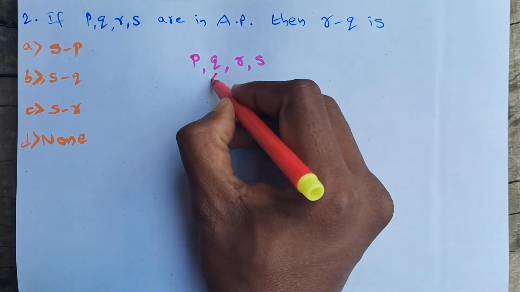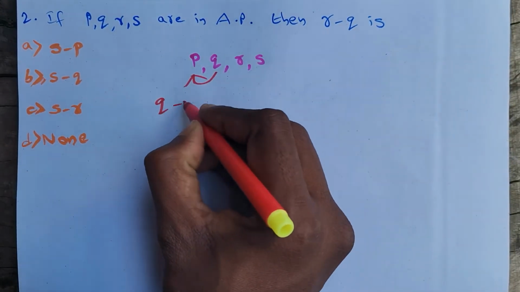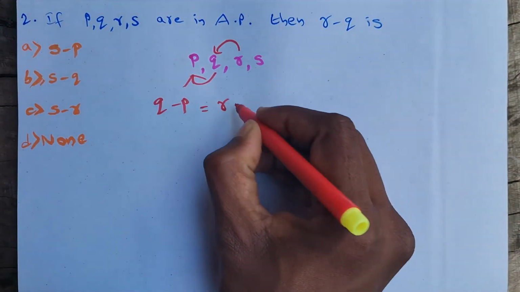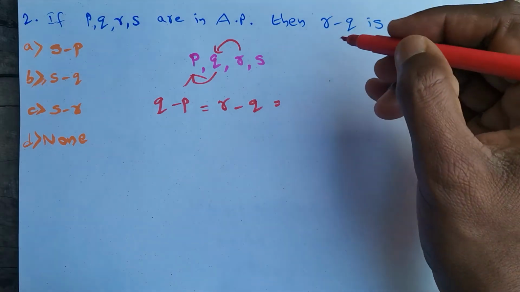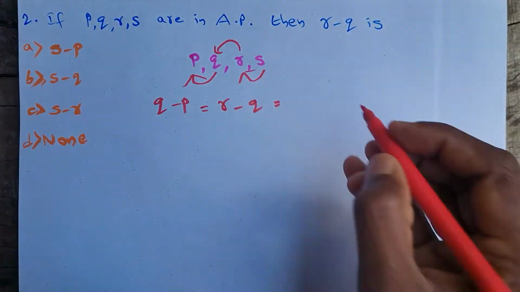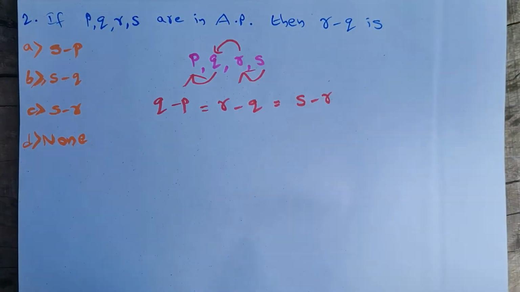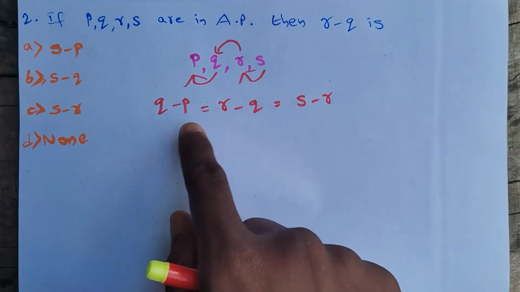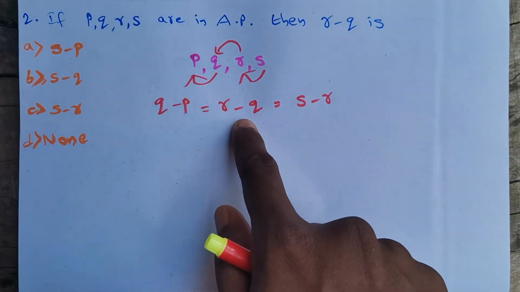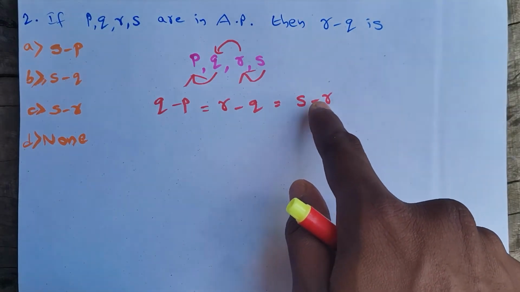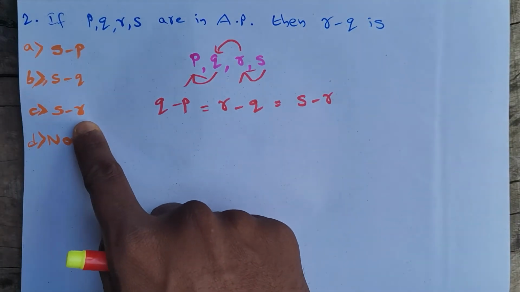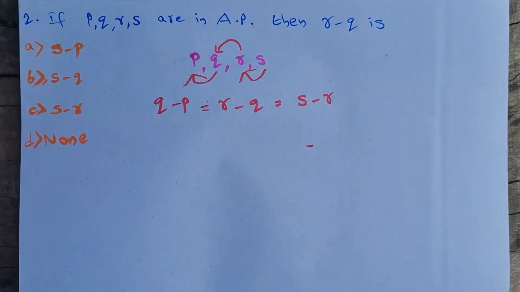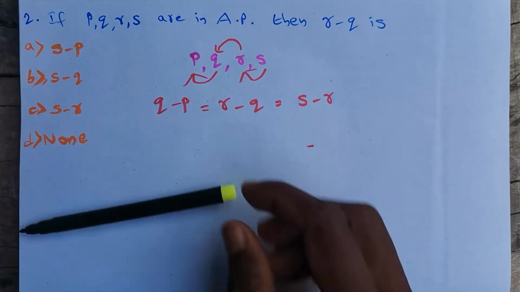So second term minus first term, Q - P, is equal to third term minus second term, R - Q, which is also equal to fourth term minus third term, that is S - R. Now he is asking about R - Q. So R - Q = Q - P, or else R - Q = S - R. So in the options we have S - R, then R - Q = S - R. So the correct option is option C.